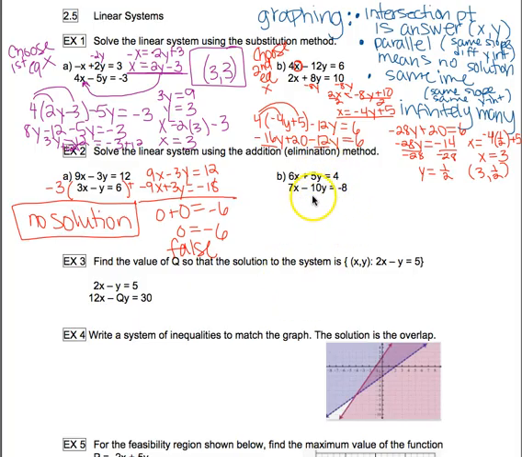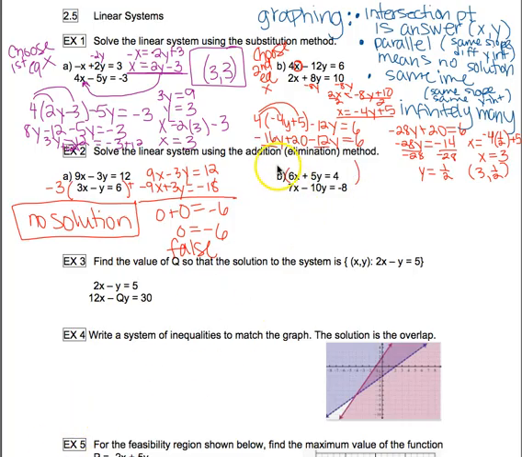All right, so now when I look at example 2b, I don't have any coefficients of 1, and I can't multiply 6 by anything to get 7. I can multiply 5 by 2 if I want to get 10.